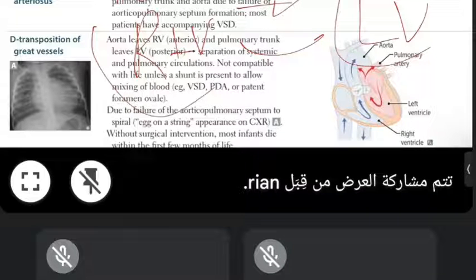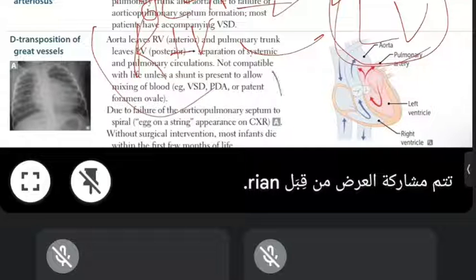And all of you know that the right side of the heart carries the deoxygenated blood, the blood with less oxygen concentration. So if blood with less oxygen goes to the left side of the heart, and then the left side pumps this deoxygenated blood to the body, you will have cyanosis.